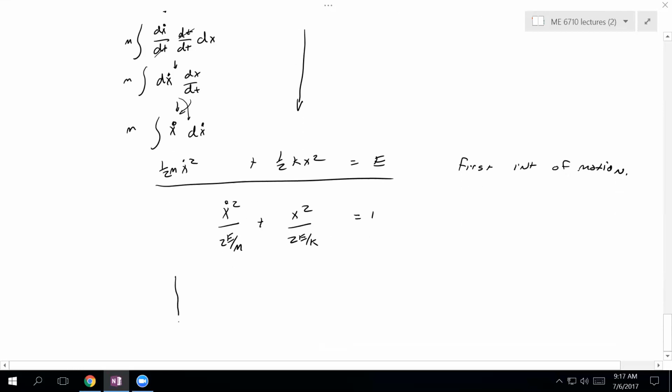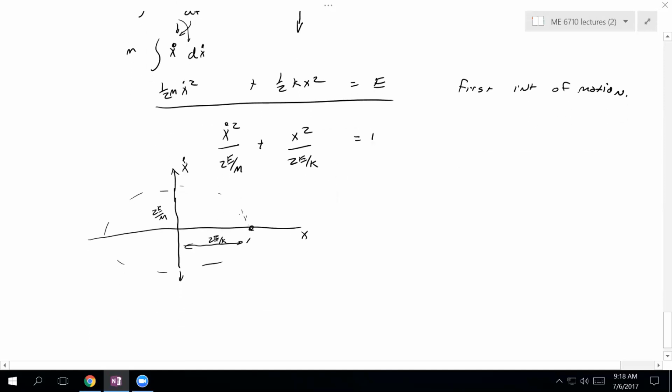So I've gone back and reproduced my ellipse, where my major axis is this 2E over k, and this minor axis is 2E over m, and this is my x, and this is my x dot. All right, there you have it.